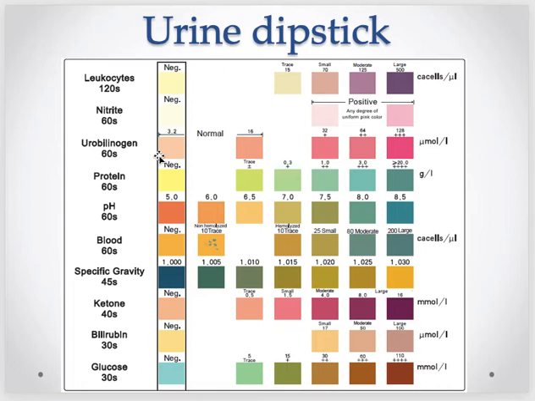Once we take it out, we see the color changes, and we see how much the color has changed. You can see over here, different colors are there. So number one, we see whether there is any color change, and the second thing we see is how much the color has changed.